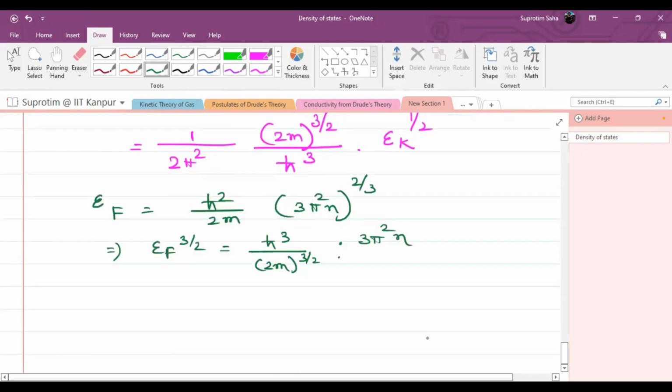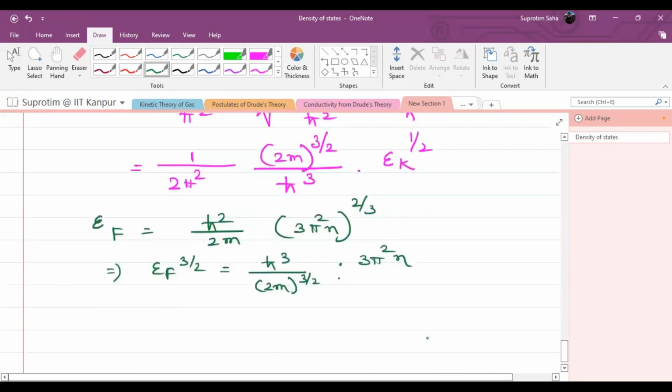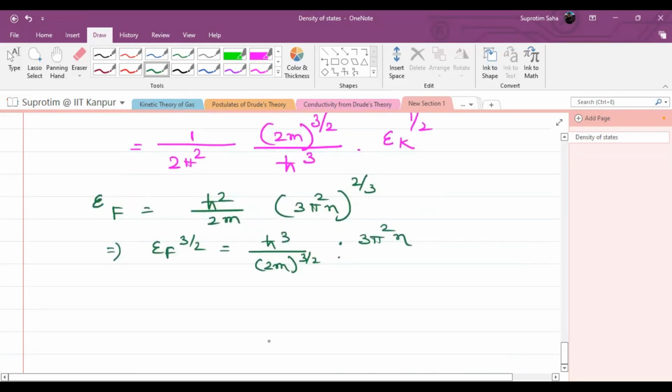Now, in the earlier formula for G of Ek, you had 2m raised to 3 by 2 by h squared cube. So now you can use this EF formula in there also.